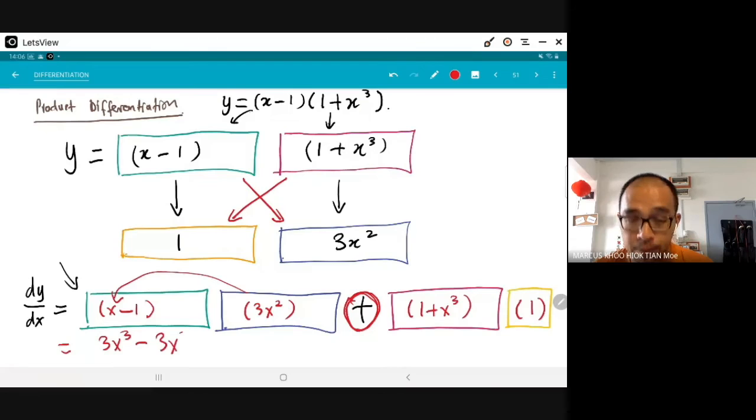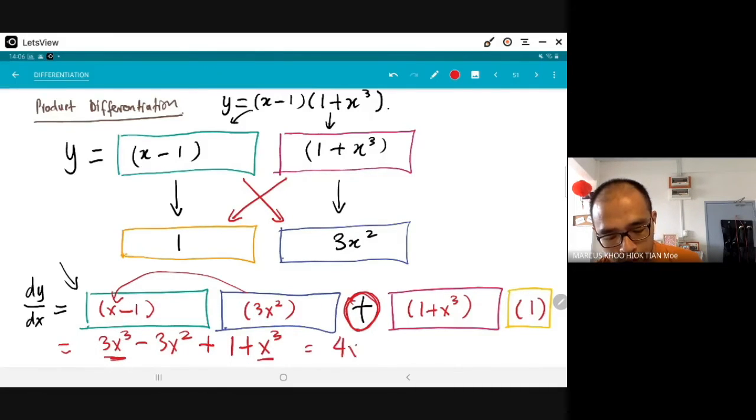Just multiply. And then this one will be plus (1 plus x cubed). Then you can simplify this a little bit further. 3x cubed and x cubed, you'll get 4x cubed minus 3x squared plus 1.